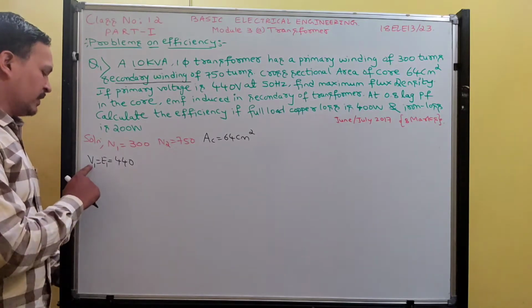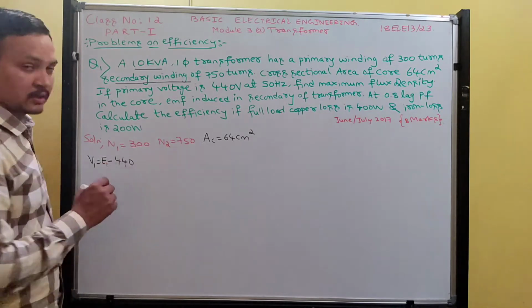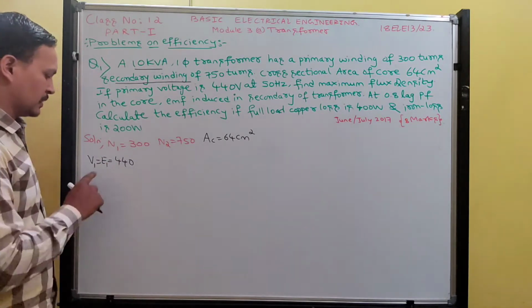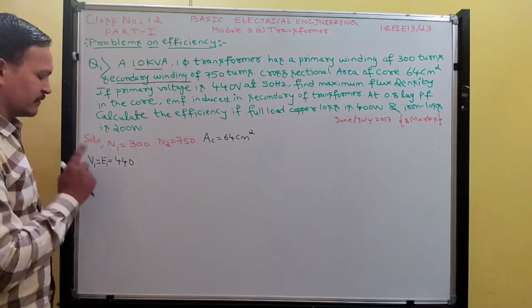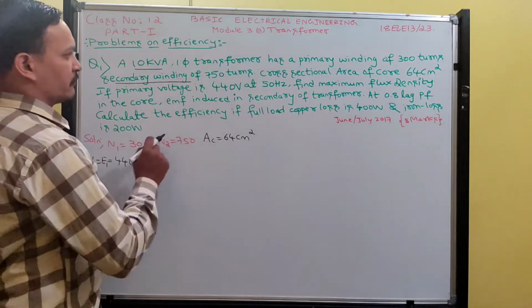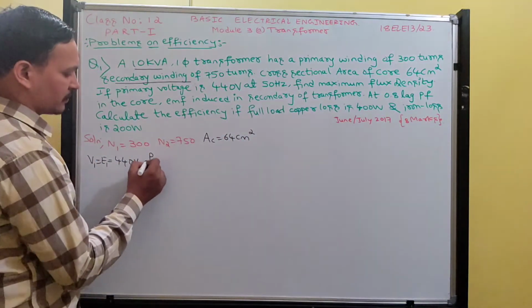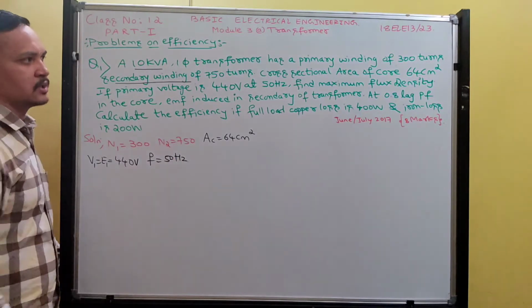There, V1 and E1 will be different. Because that concept is not in your syllabus, for now you can take V1 equal to E1. So, 440 volts. What is the frequency of the supply? 50 Hertz. Okay, got it?